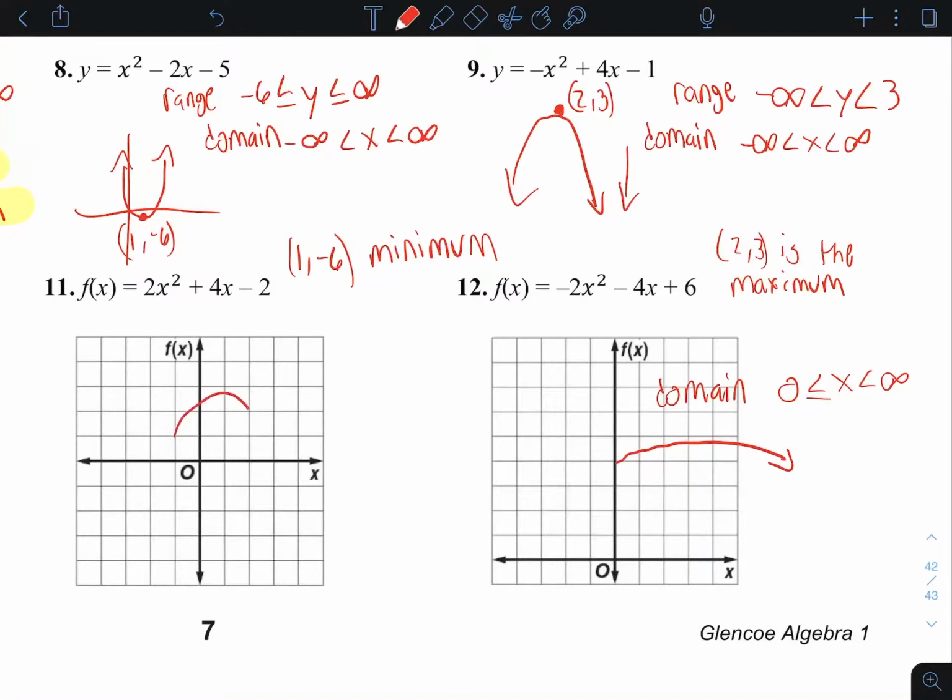If it was starting at negative 1 for the parabola for some reason, then the domain would start at negative 1 and go on from there.